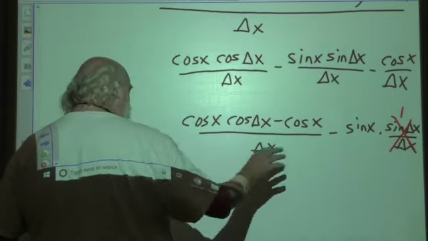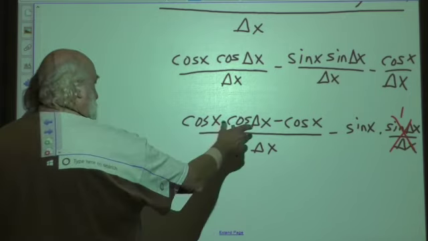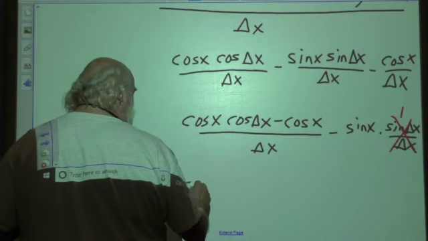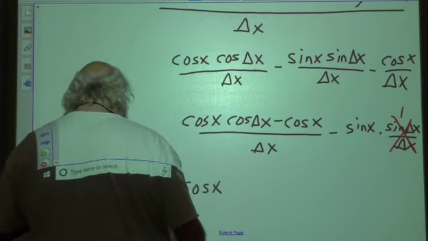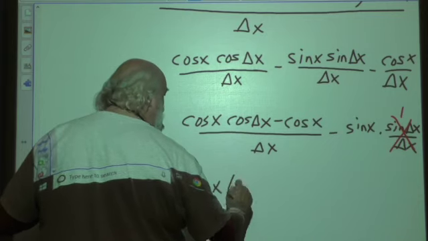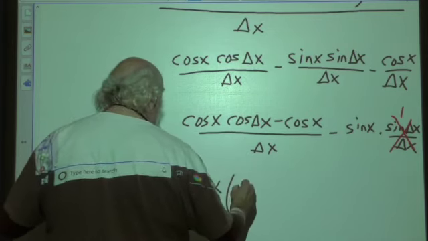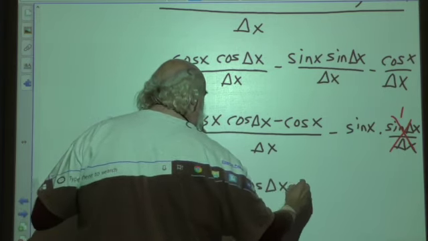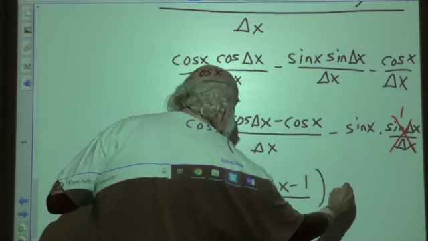So that gives me minus sine of x there. So we take a look at this, and we factor out a cosine x. So we have cosine x times, and taking the cosine out of both of those, we get cosine delta x minus 1 over delta x, minus sine of x.